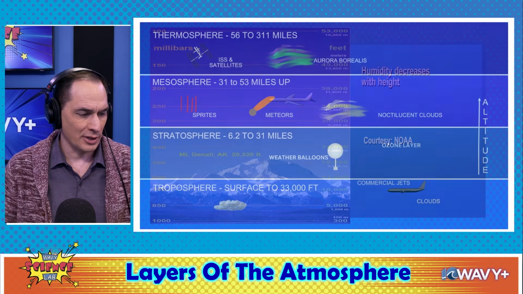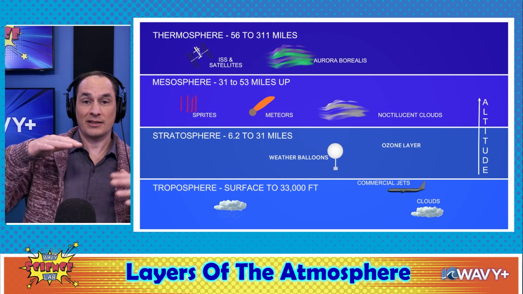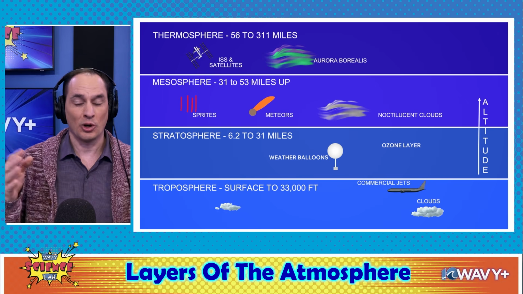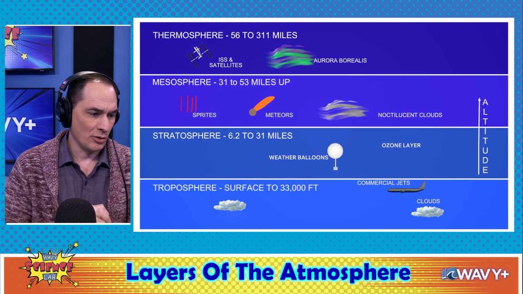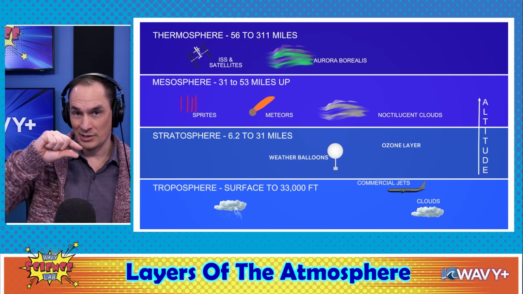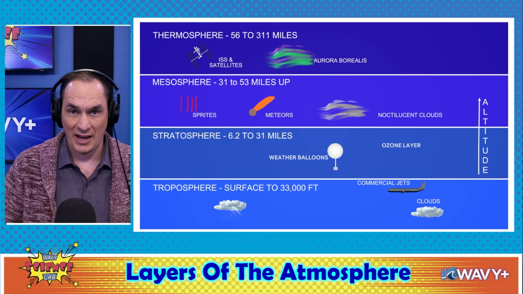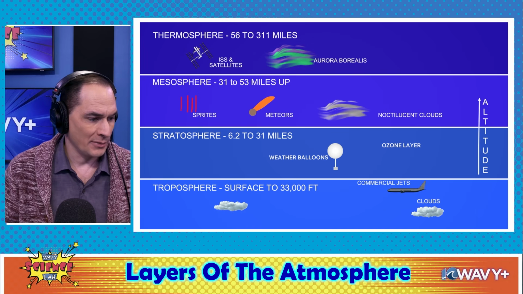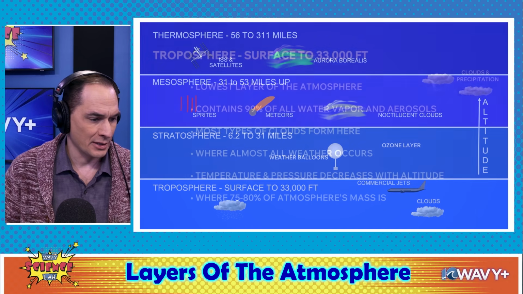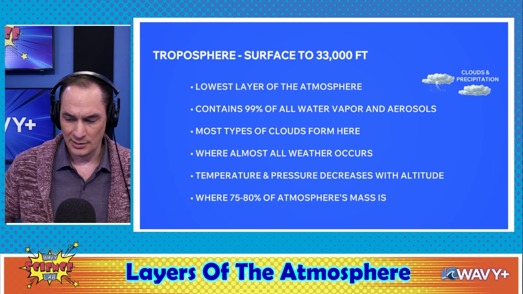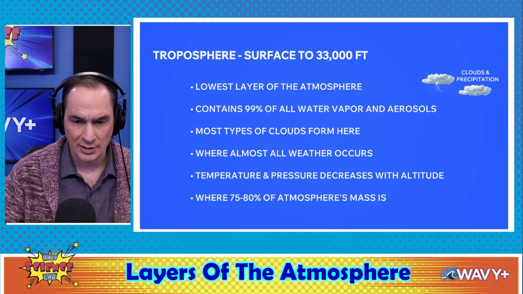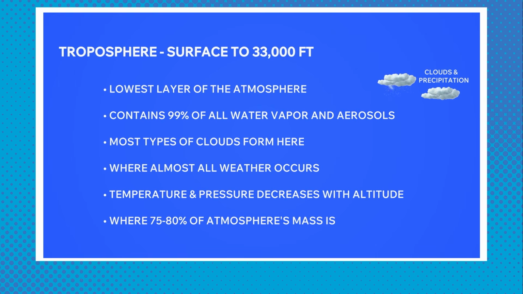So let's get into that. That's really the lowest layer, the troposphere. The pressure decreases even more going above that, but that's already down to just 100 millibars versus 1,000 at the surface. This troposphere is the bottom layer, and it's got a lot of stuff here. The top is 33,000 feet, give or take.